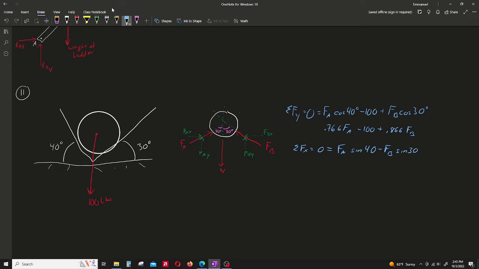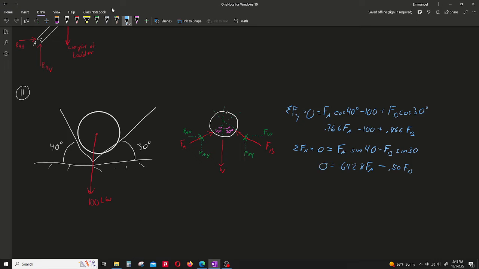We aren't going to be using W, the 100 pounds, this time, because that is only in the y direction, not in the x. We are only looking at the x direction currently. So we can rearrange this again, which would be 0.6428 times FA minus 0.50 times FB. Again, this is all equal to 0.